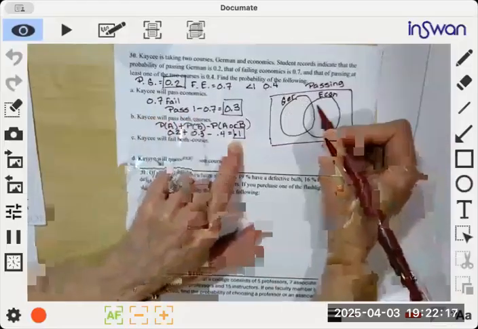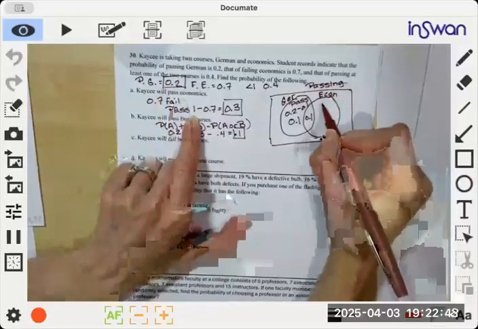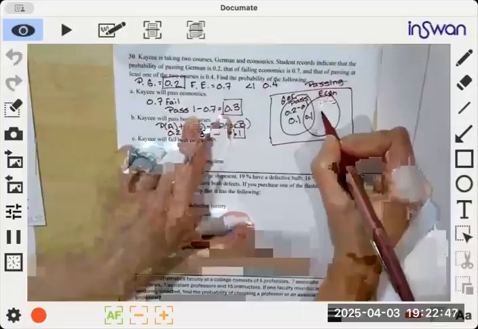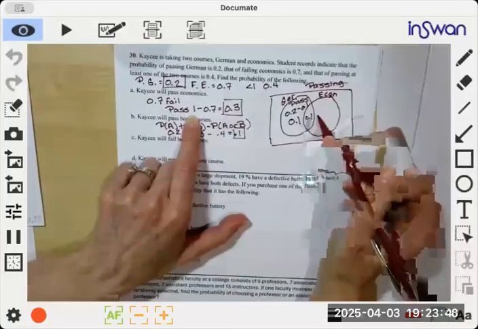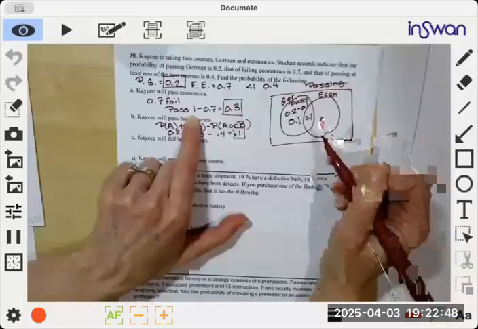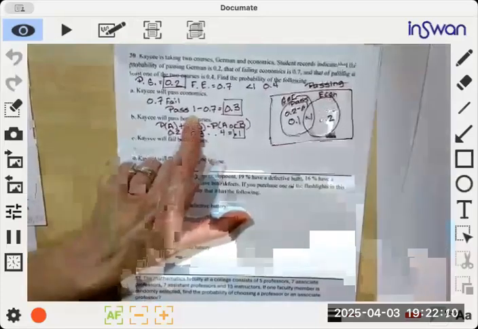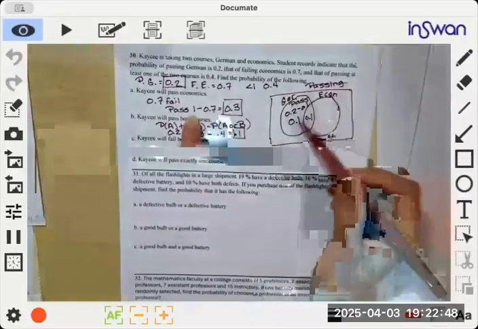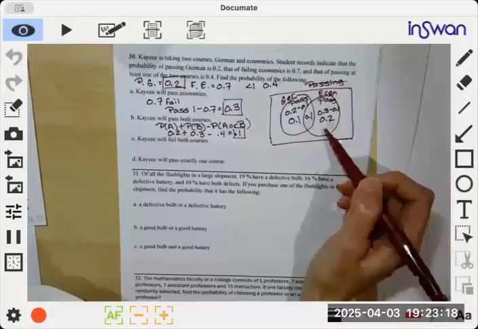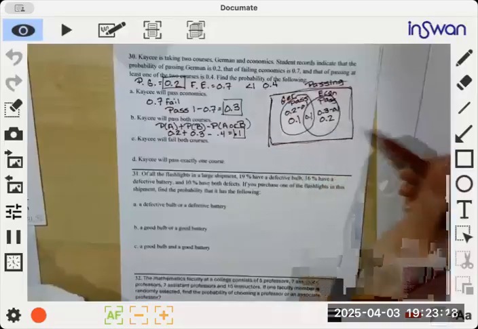And then we have here, we've got passing econ is 0.3, but we have that 0.1 already in the middle. So we have to do the 0.3 minus the 0.1. So that would be 0.2. So if I add these together, that gives me a total of 0.4. This whole thing has to total 1 whole.